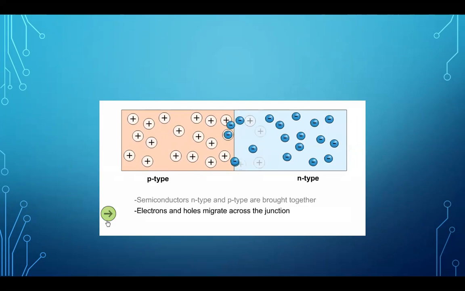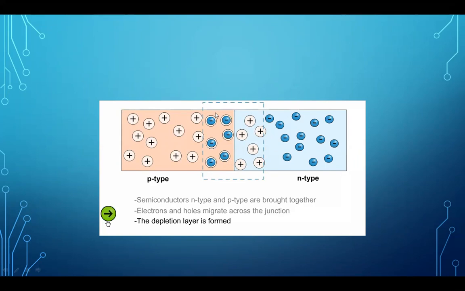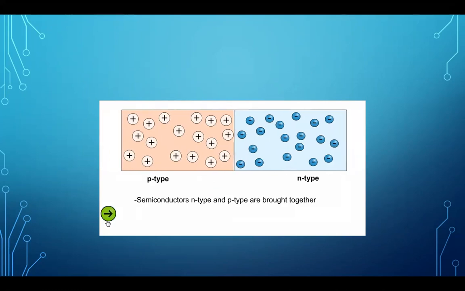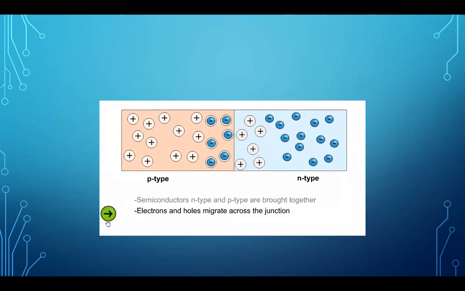So when they come into contact, these extra electrons can move to the other side of the P type and combine with the holes. This will make the N type side have positive ions, while the P type will have negative ions on the boundaries.